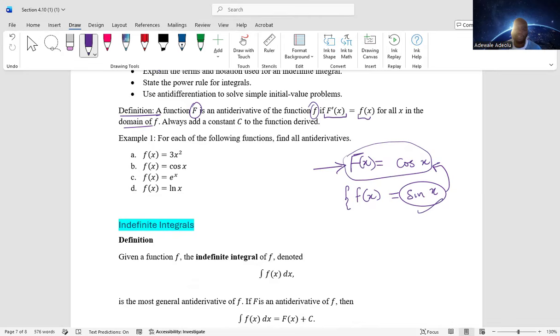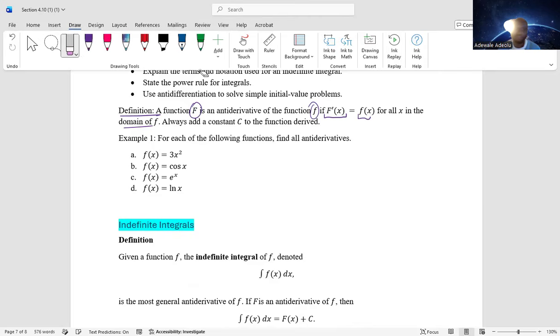And we also notice that from these other examples, I can ask you, what is that function that if I take its derivative, I am going to get 3x squared?